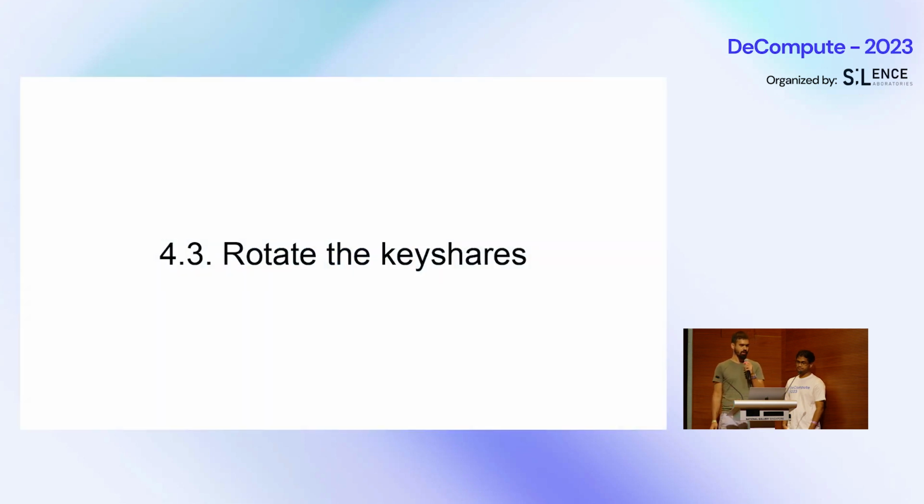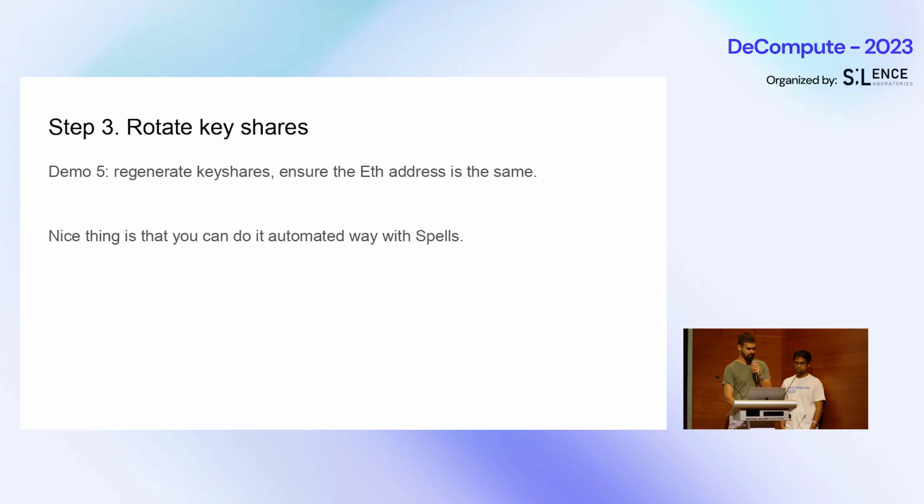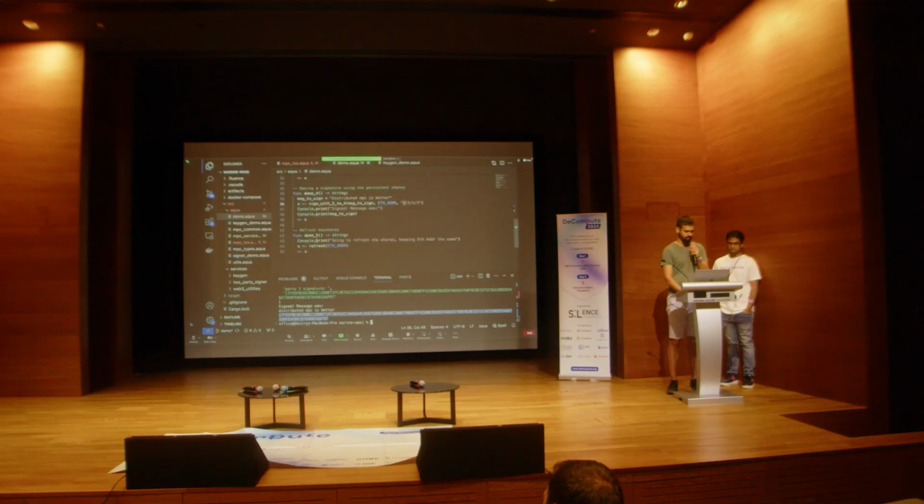So, okay, we have keygen, we have signature creation. Let's rotate the key shares, regenerate the key shares, and ensure that the Ethereum address is the same. This is the fifth demo.